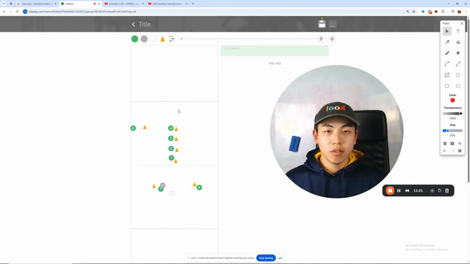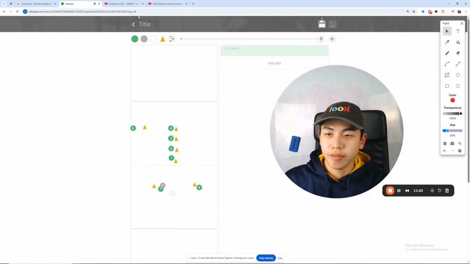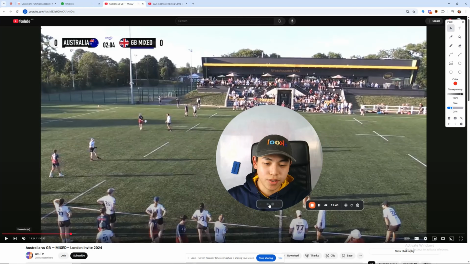So now, with that in mind, and now that we're good at analyzing the risk space and we're thinking about the right things, I want to take you through two examples on a field that you guys can use in your games, but also this is an example from previous film that you guys can use to think about this theory and how this applies in a game. So let's jump into our examples.